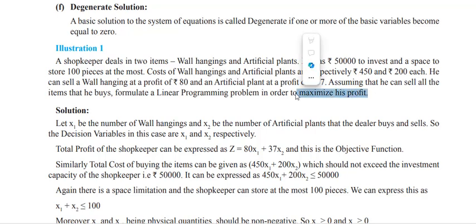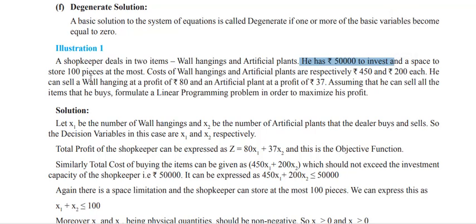So this maximize his profit means an objective function here. Our objective is to maximize profit. Okay? But we have certain limitations. What are the limitations? The shopkeeper has only rupees 50,000 to invest. This is one limitation or constraint you can say.